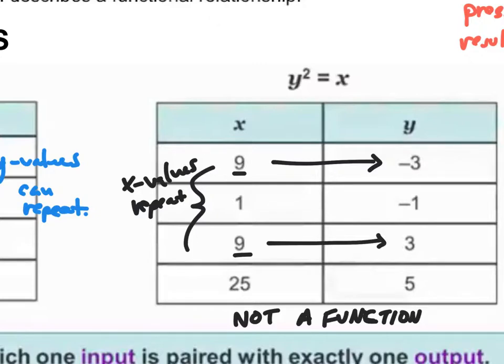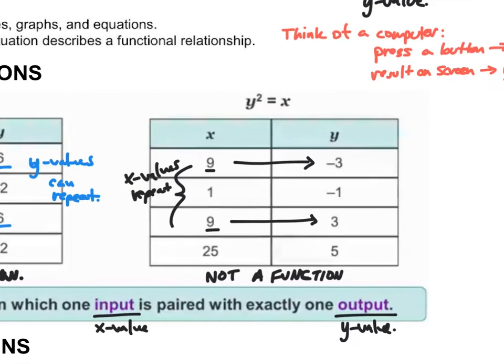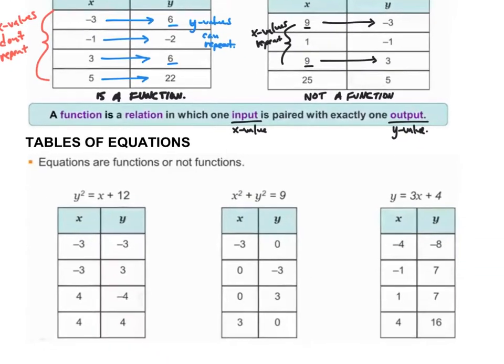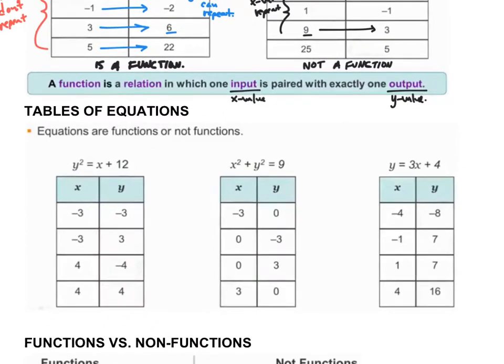Think of it like this: if you press the 9 button on the computer and you're getting two different things popping up, that's not what we want. So one of the things we can do is look at that and determine, do we have a function or not a function?